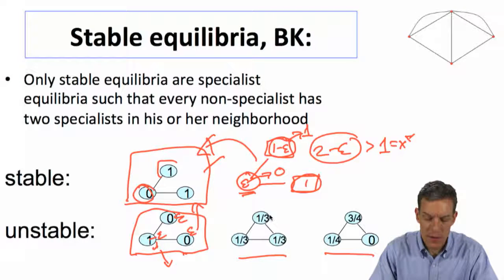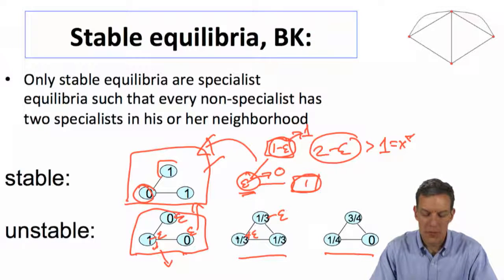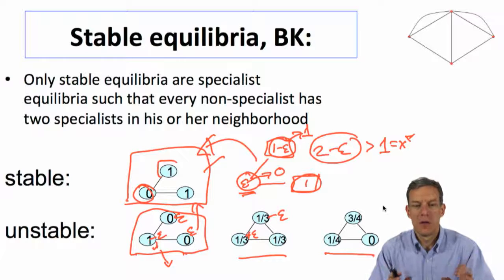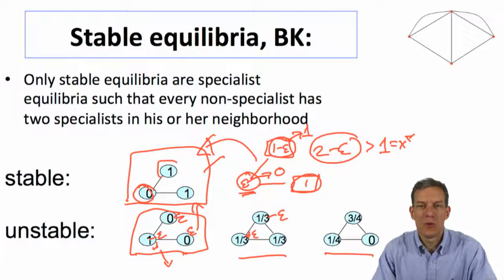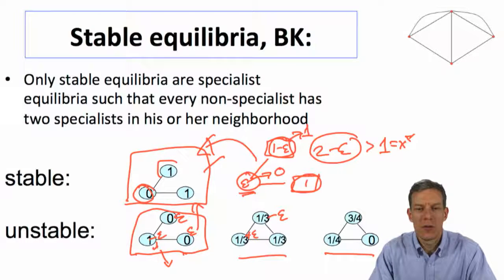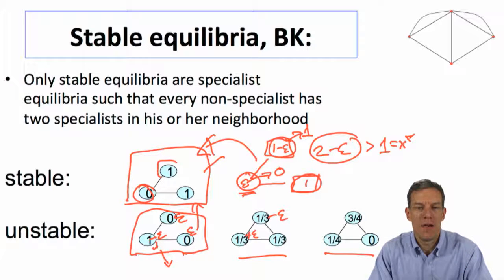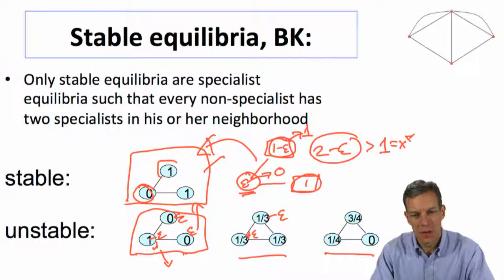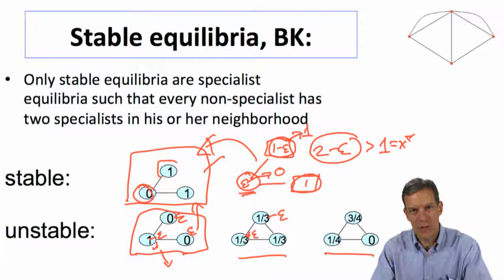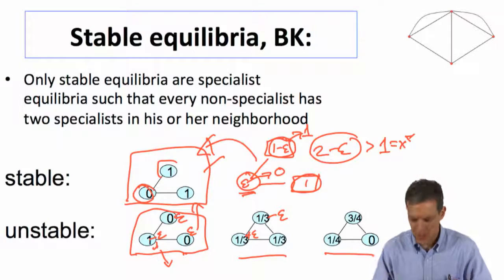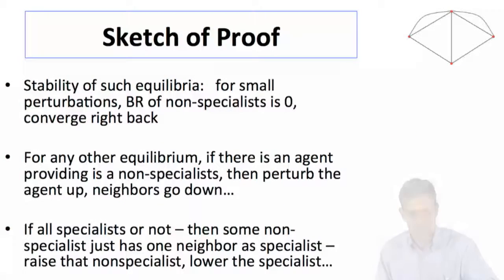We could change this by moving this to minus epsilon, add an epsilon over here. That would still be in equilibrium and so forth. So the only ones that turn out to be stable turn out to be the ones where every specialist has specialized equilibria, and such that every non-specialist has at least 2 specialists in their neighborhood.